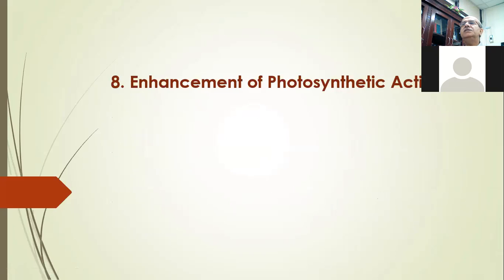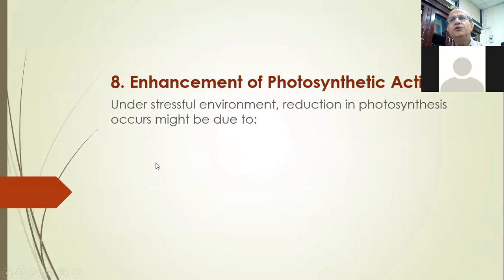So this is a sort of phytoremediation. Another mechanism is enhancement of photosynthetic activity. It is clear that PGPR increase the photosynthetic activity. Photosynthesis, you know, is the most important biochemical process taking place on our planet Earth.